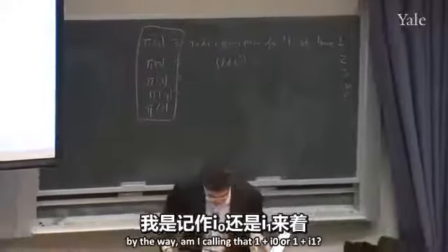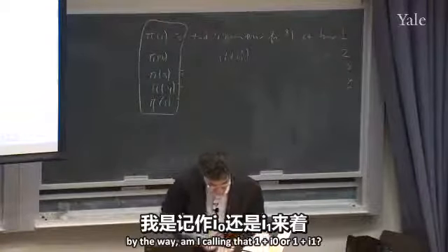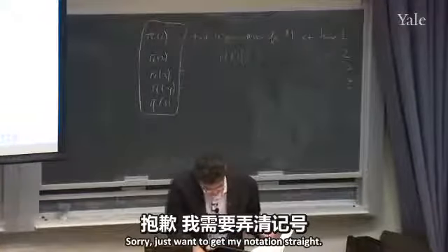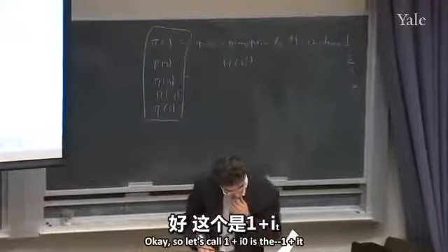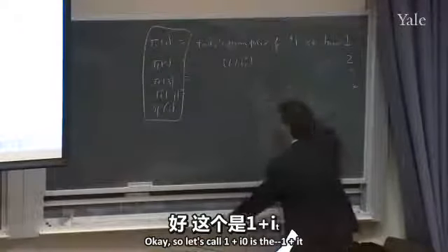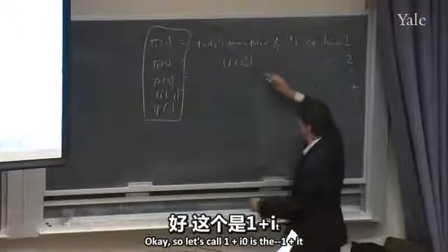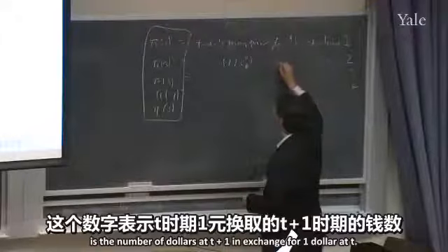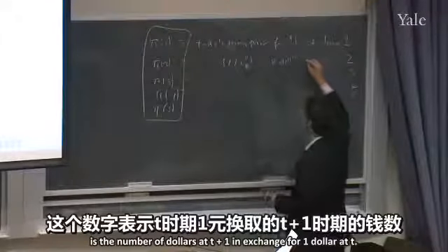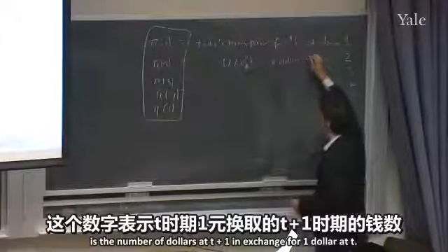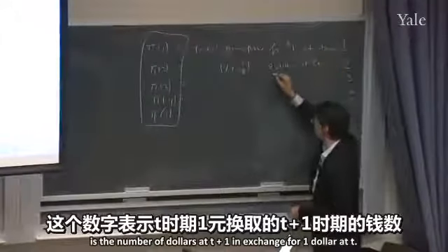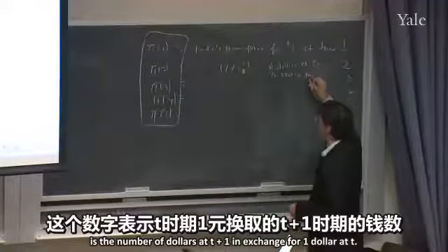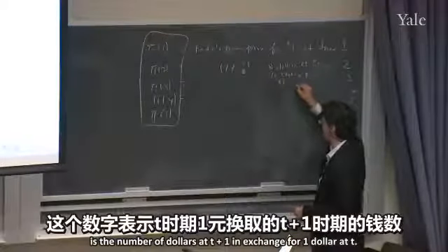Am I calling that 1 plus I0 or 1 plus I1? Sorry, I just want to get my notation straight. Okay, so let's call 1 plus I_t the number of dollars at t plus 1 in exchange for $1 at t.